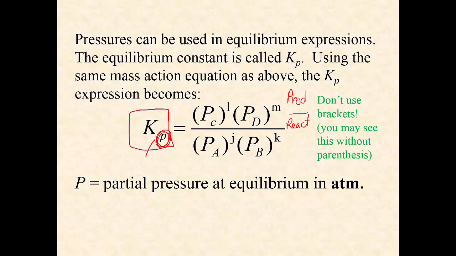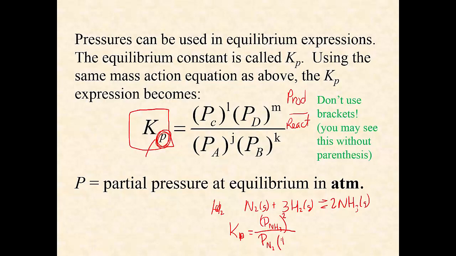So let's say you wanted to write the equilibrium of nitrogen gas plus hydrogen going to ammonia. If it said, what is the KP expression? KP equals the partial pressure of ammonia, and when there is an exponent, we usually put it in brackets, and the coefficient becomes the exponent, over the partial pressure of nitrogen times the partial pressure of hydrogen to the third power.